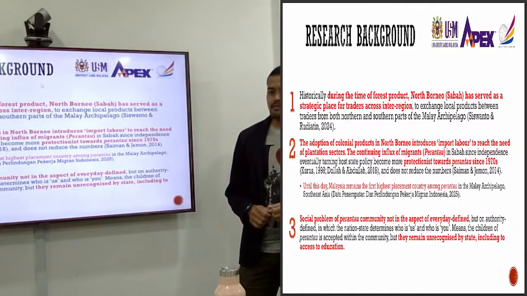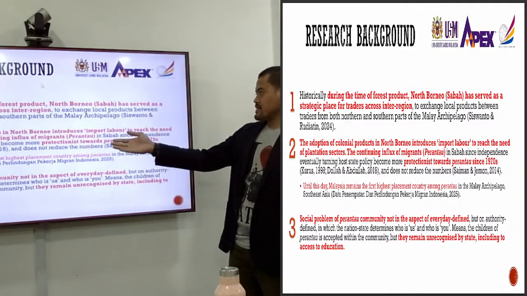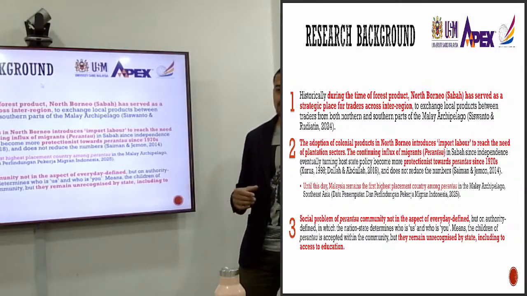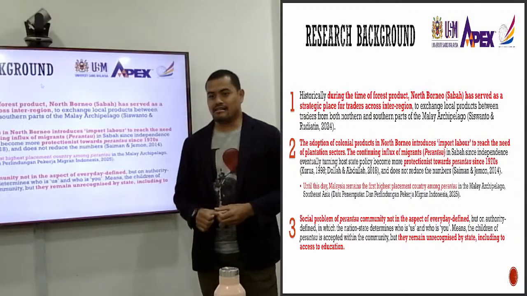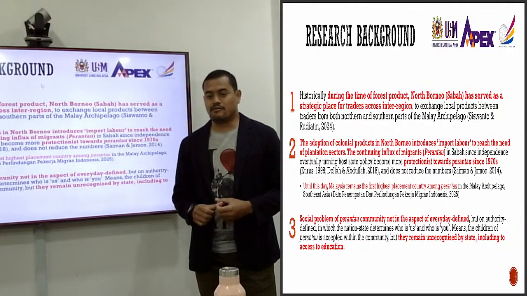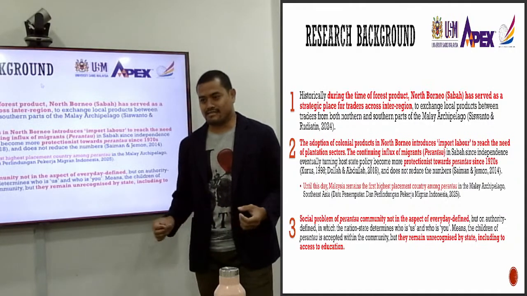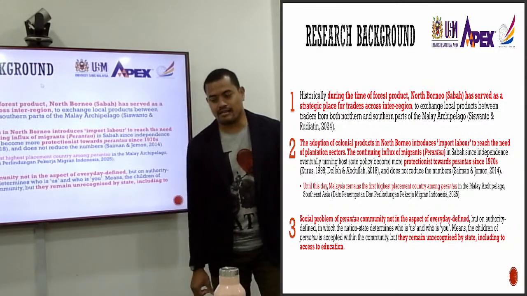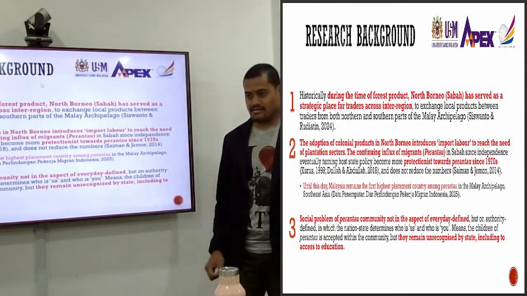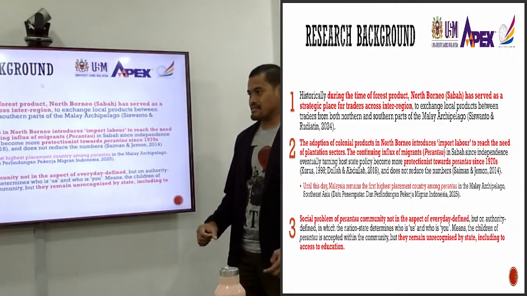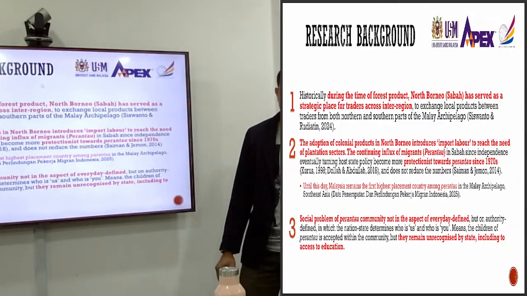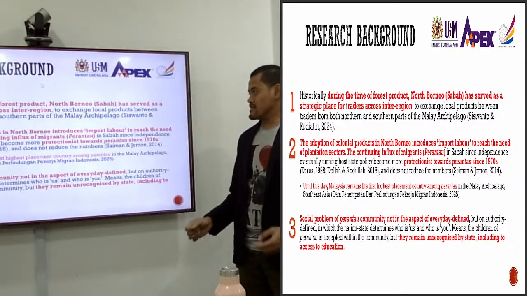And then when the colonization happened, the colonials introduced what we call colonial products, which we currently know as the plantation estates, where they have palm oil plantations and other kinds of plantation agriculture products.